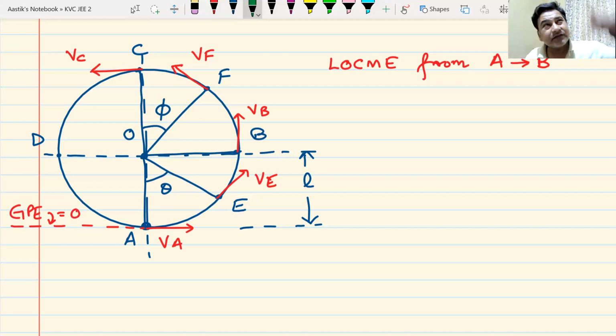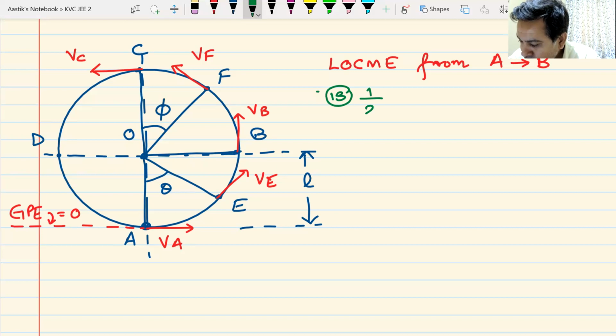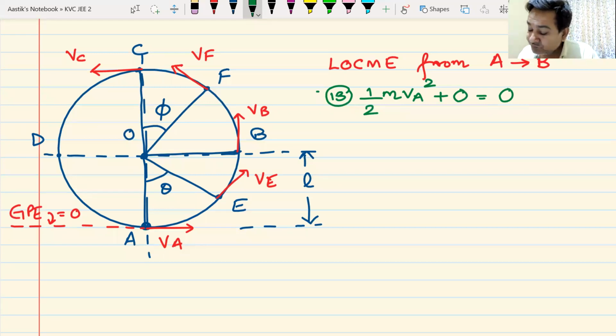Let me call this equation number 13. Half m VA squared plus 0 is equal to mgl, sir. Half m VA squared is the kinetic energy at point A, correct, plus 0, the potential energy, must be equal to the kinetic energy at point B. It is not 0.